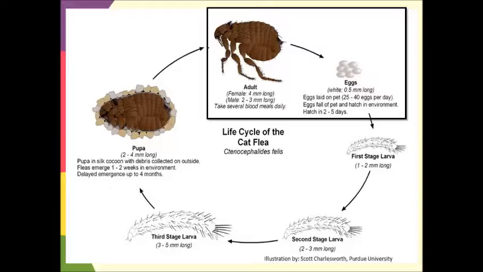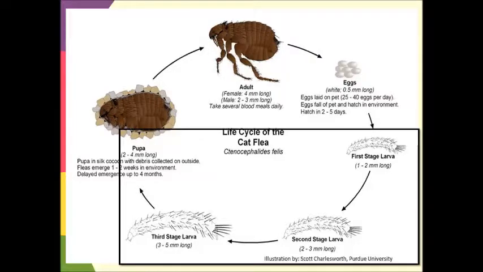Next, the remaining eggs, which is 30%, will hatch into larvae and pass through three larval stages, which are first stage, second stage, and third stage, depending on environmental factors. The larvae will feed on any organic matter, but the main dietary component is the excreted adult flea feces, as it consists of undigested blood.